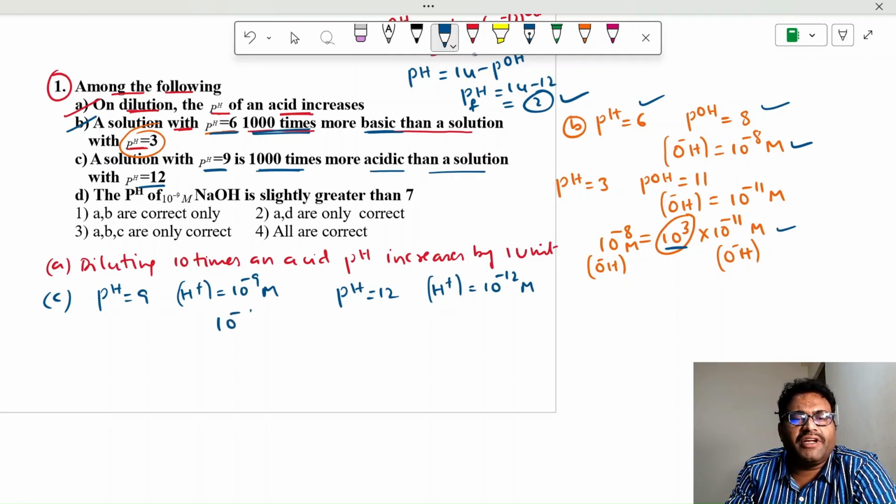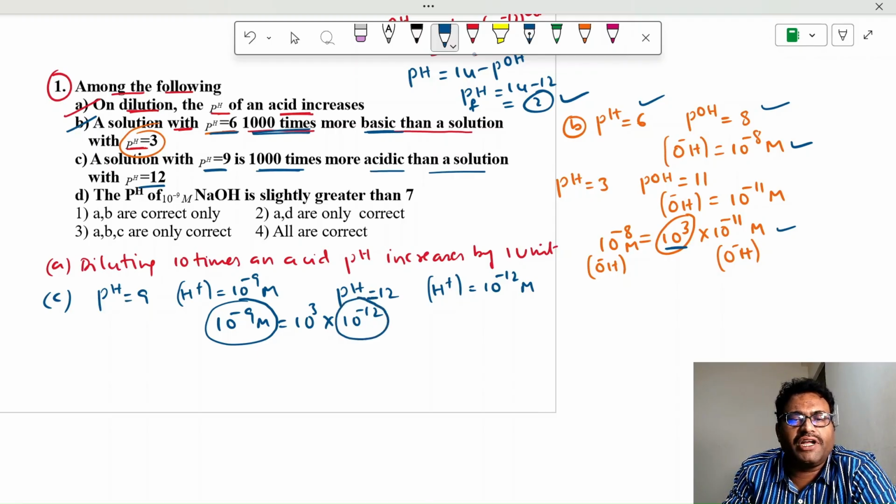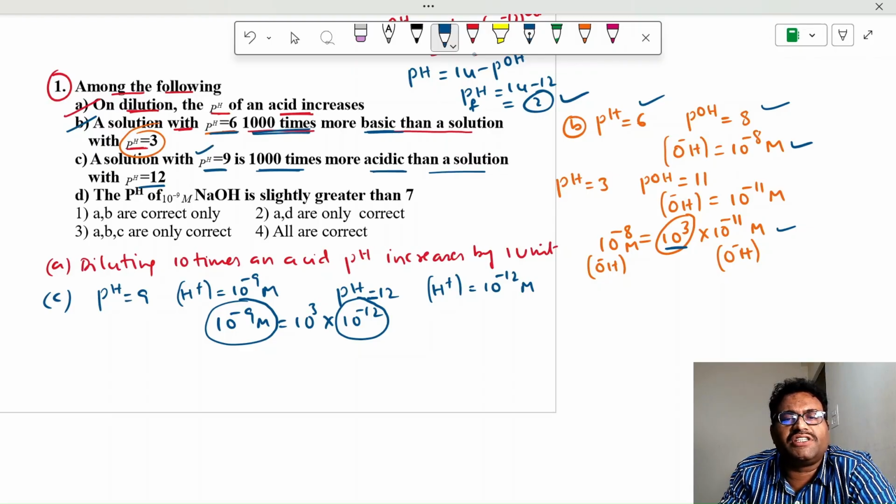This 10 power minus 9 molar is 10 power 3 into 10 power minus 12. So 10 power minus 9 molar H plus ion concentration is 1000 times that of 10 power minus 12. So pH 9 is 1000 times more acidic than the solution with pH equal to 12.